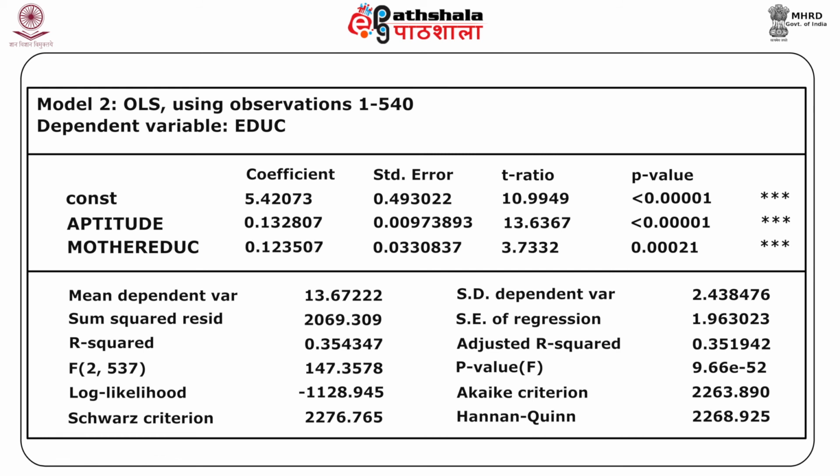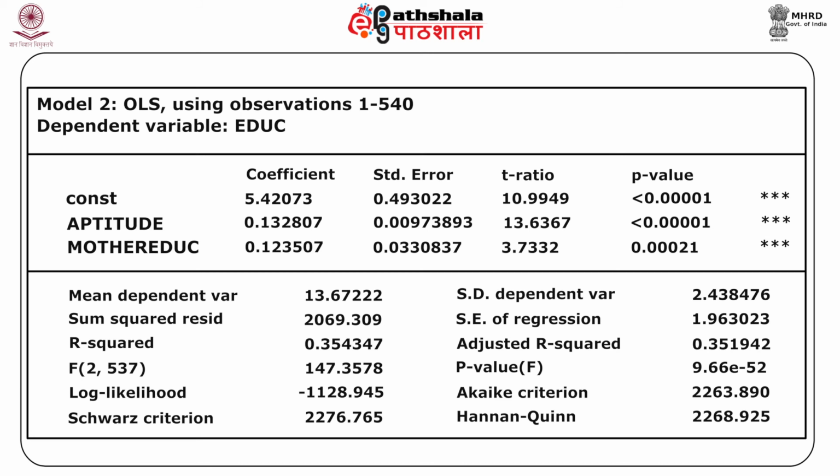It is also seen that adding another variable has made a difference to the overall fit. R square has increased to 0.35. That means 35% of the variation in education is now explained jointly by both aptitude and mother's education.